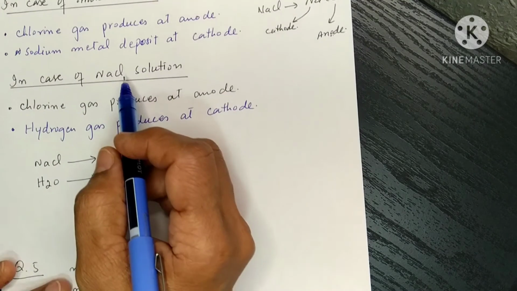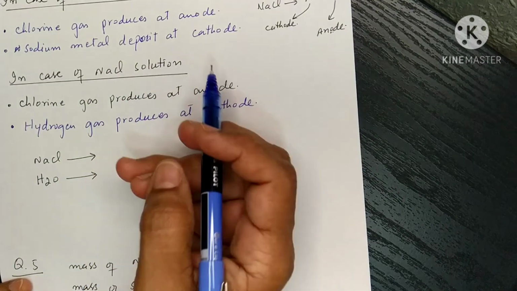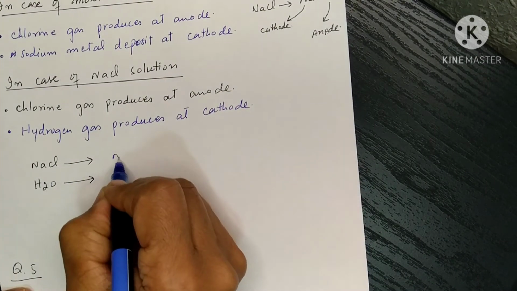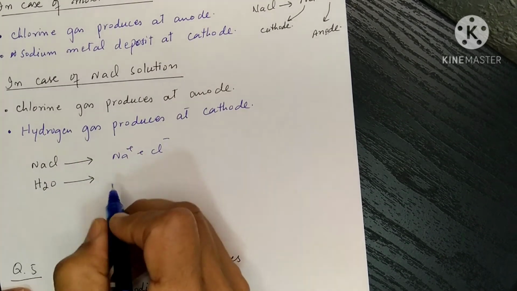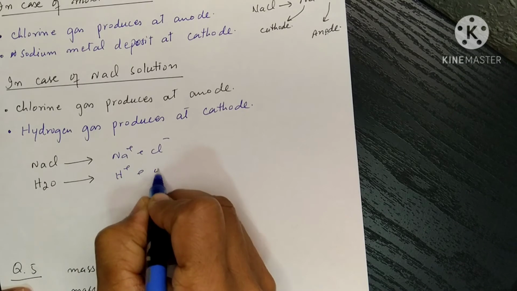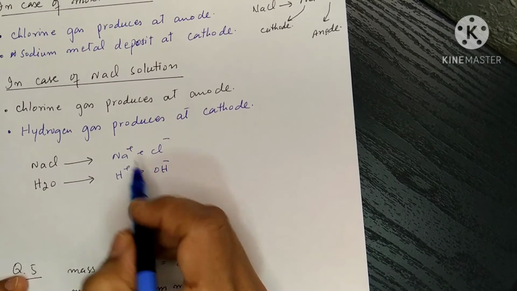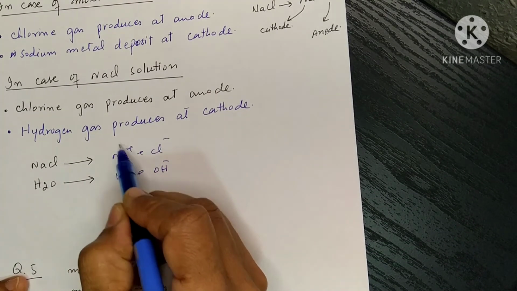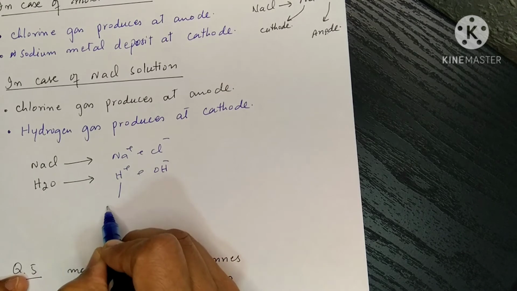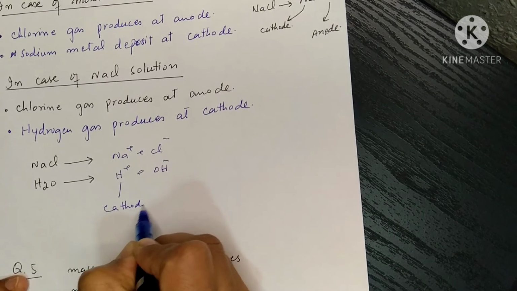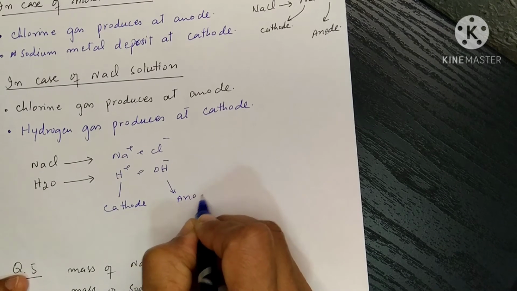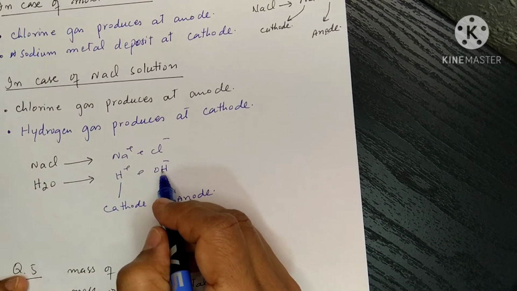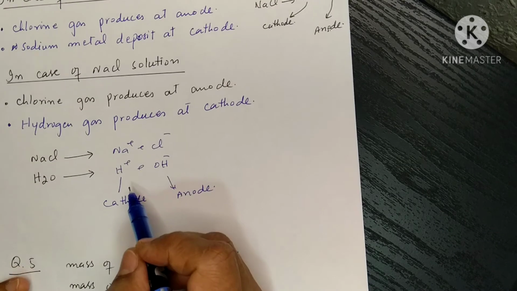Now in the case of the aqueous solution of sodium chloride, we have sodium and chloride ions from sodium chloride, and hydrogen and hydroxide ions from water. At the cathode we have sodium and hydrogen ions, and at the anode we have chloride and hydroxide ions.